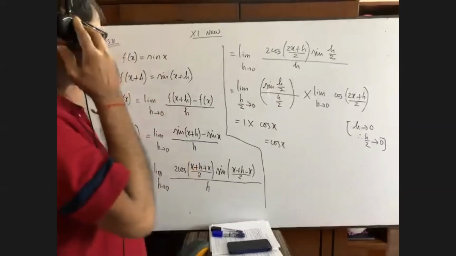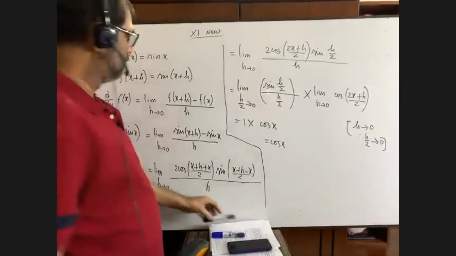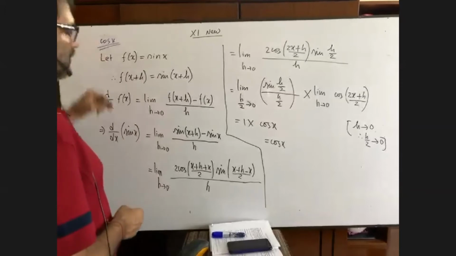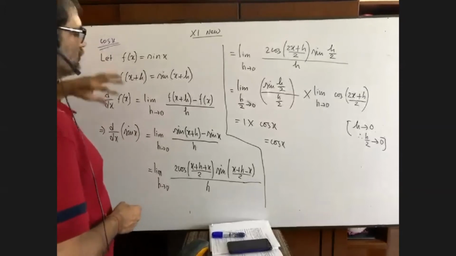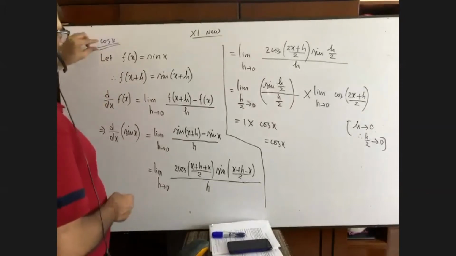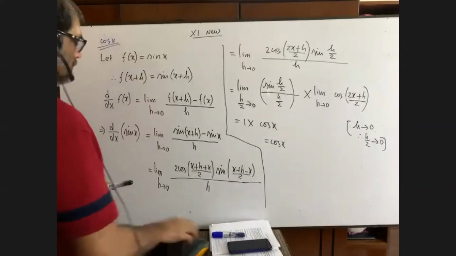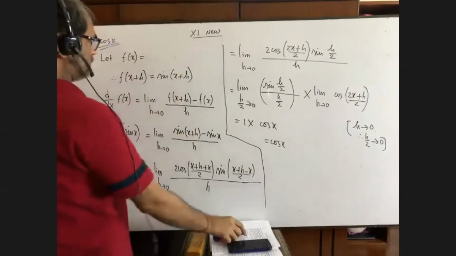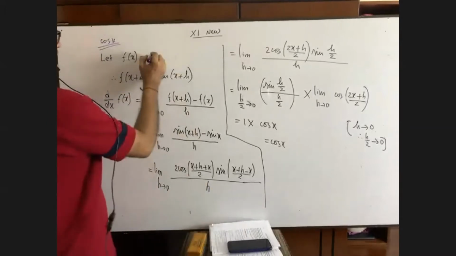Hello everybody. So now we are going to do a math to find the differentiation, or find the derivative. It is also called derivative of cosine x by first principle. So what will we do? We'll get here cosine x, right?